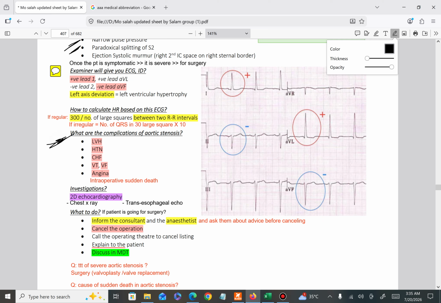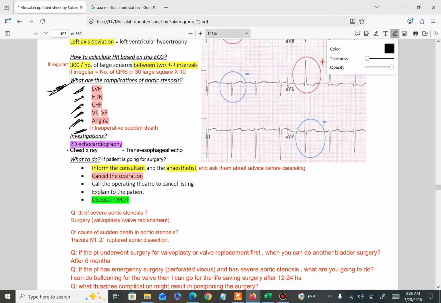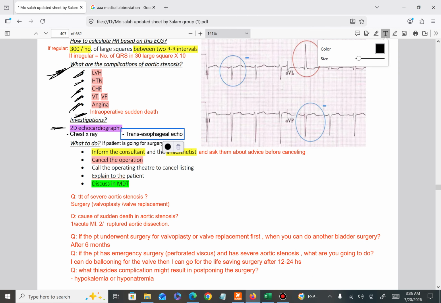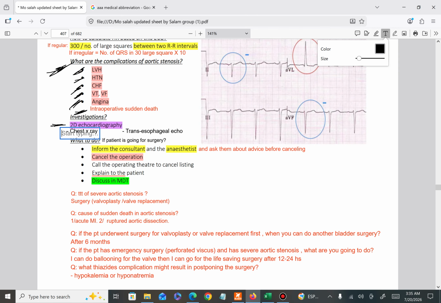What are the complications of aortic stenosis? They include left ventricular hypertrophy, hypertension, congestive heart failure, ventricular tachycardia and fibrillation, angina, and intraoperative sudden death. What investigation to do for the aortic stenosis? It is 2D echocardiography, which is transesophageal echo, and then chest x-ray.